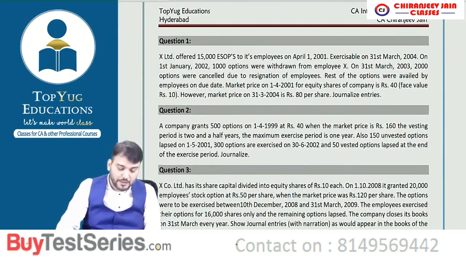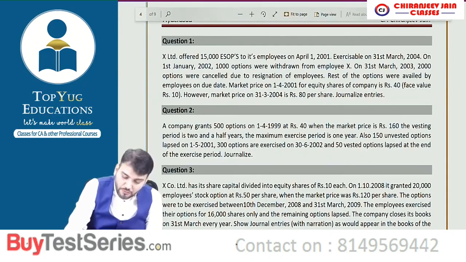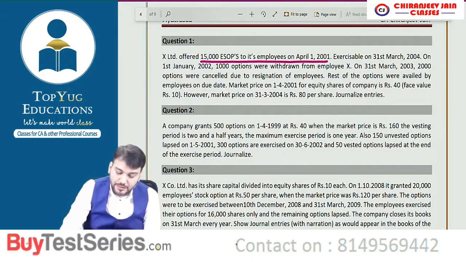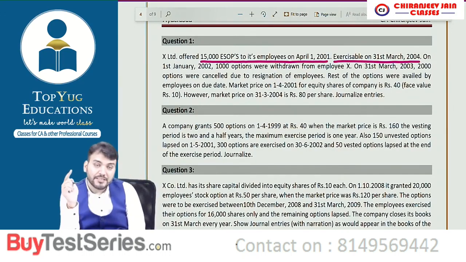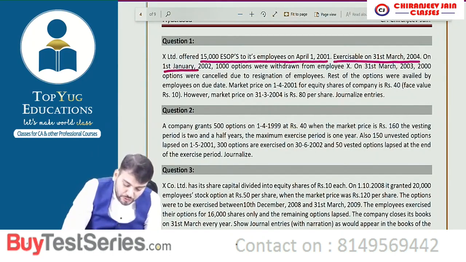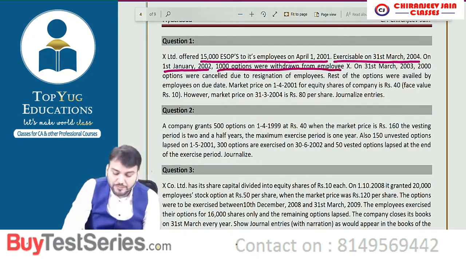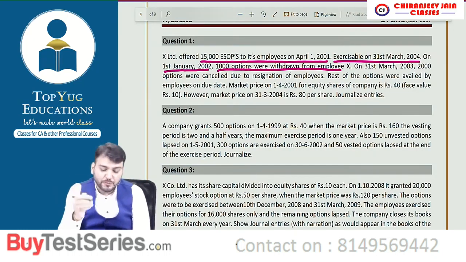Question number one. X Limited offered 15,000 ESOP to its employees on 1st April 2001, exercisable on 31st March 2004. On 1st Jan 2002, 1,000 options were withdrawn from employee X. So of course it means it is cancellation of unvested options.